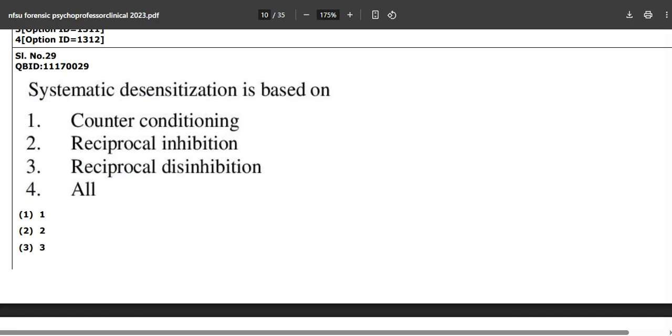Systematic desensitization is based on what? Counter conditioning? No. Reciprocal disinhibition? No. The correct answer is reciprocal inhibition, and option number 2 is the correct answer. It is one more different phenomenon called reciprocal inhibition.